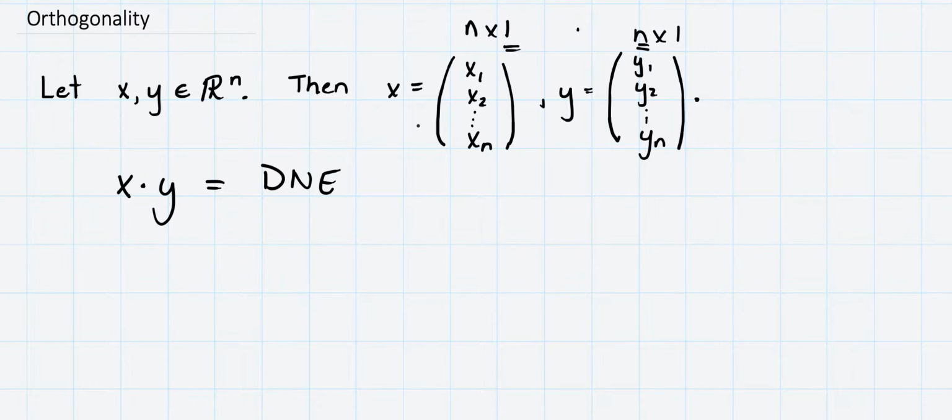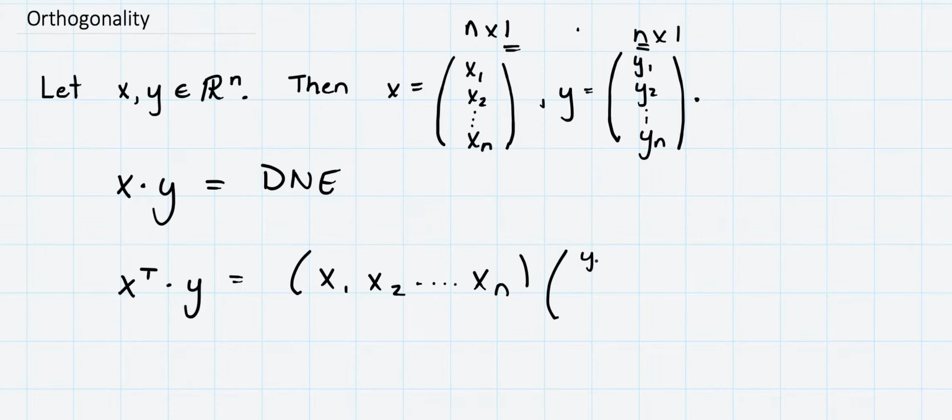However, we can take the transpose of one of these, and I'm going to take the transpose of x and multiply it by y. And this is x1, x2, all the way to xn, times y1 through yn.